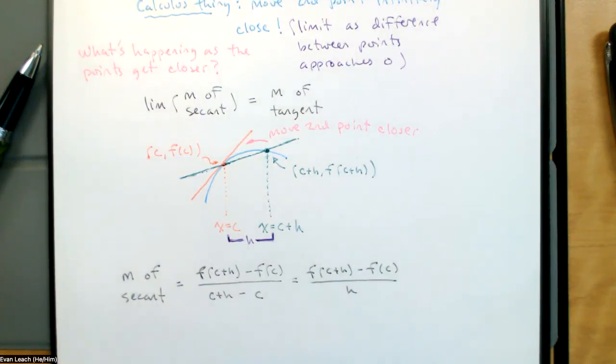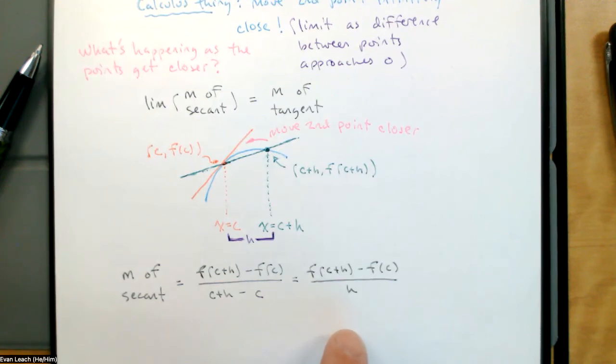That secant line will just line up with the tangent line when h is equal to 0. But we notice h can't equal 0. Otherwise, we just have 0 over 0, and that's not defined. So we have to say, how can we plug in 0 in the denominator?